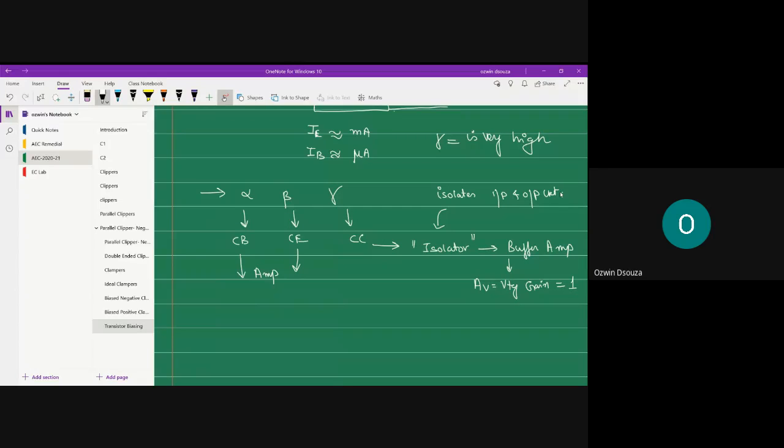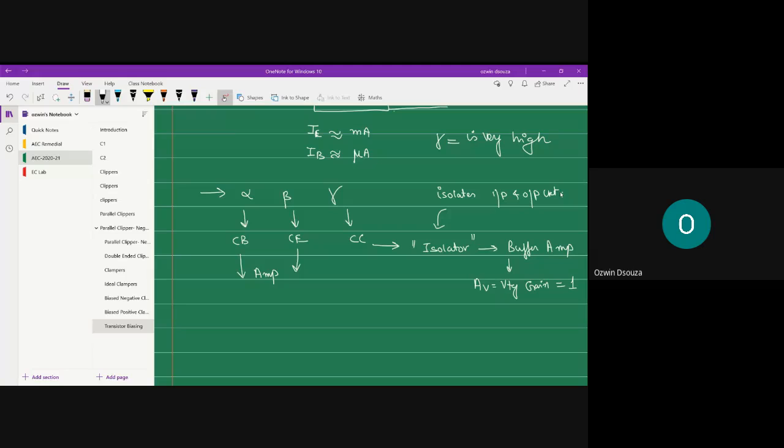Now if some problems have occurred in the input circuit, those problems will not percolate or be found on the output circuit because they are not connected by wires. So that is the biggest advantage of a transformer. If there is any fault in the input circuit, the output circuit can be safeguarded.